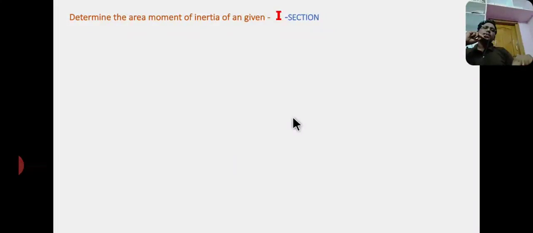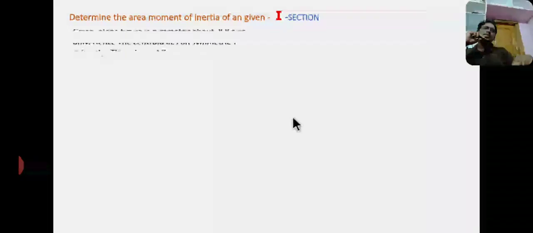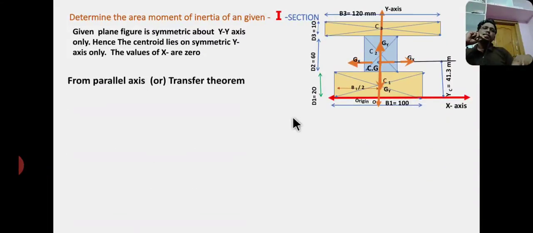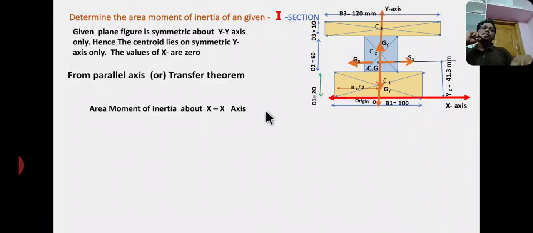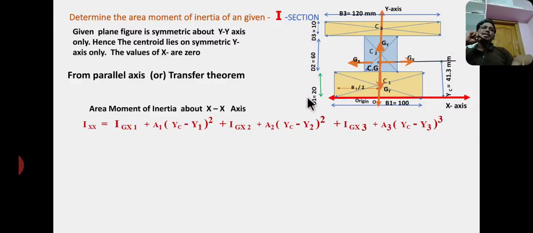Now I am determining the area moment of inertia about the reference axis. From the parallel axis theorem, the area moment of inertia about the x-axis, that is the base, Ixx equal to, for 3 sections you have to add 3 times the individual inertias.